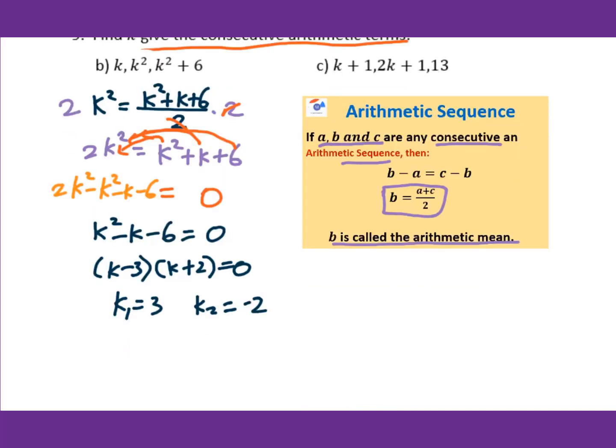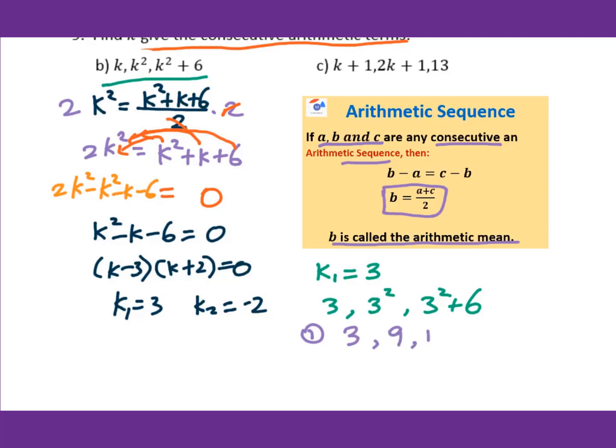We can plug in k to get the sequence. For k1 equals 3, we got 3, then 3 squared, then 3 squared plus 6. So the first sequence will be 3, 9, and 15.